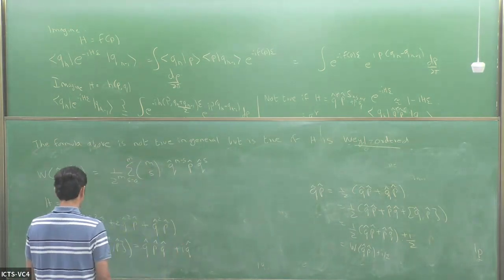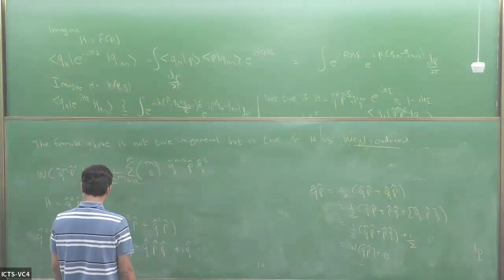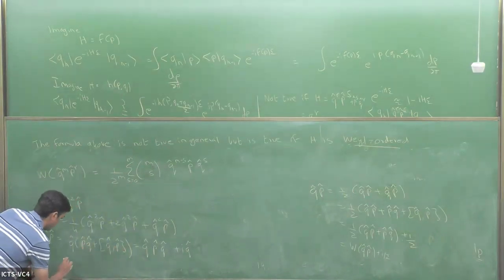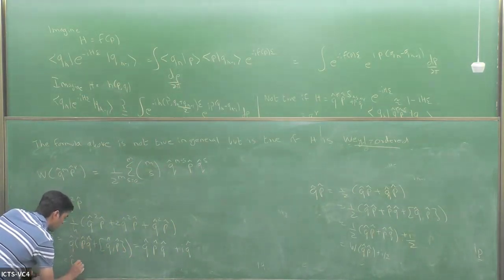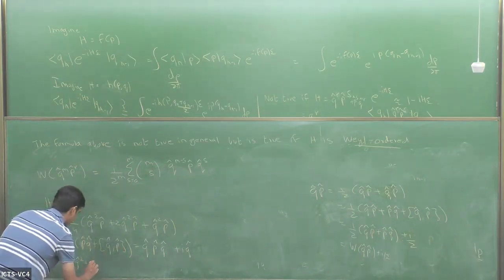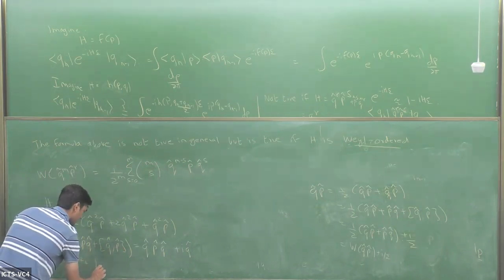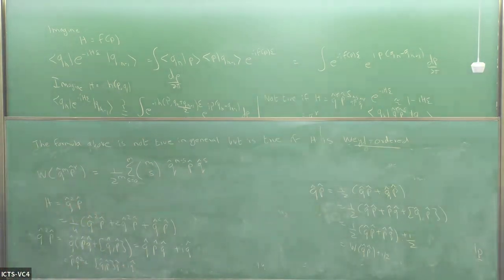So I can write this as this expression, and same for the q hat squared p. I have to commute this through too. Let's try and commute this. And this we can write as p hat q hat squared plus, let me just check my algebra while I'm doing it.